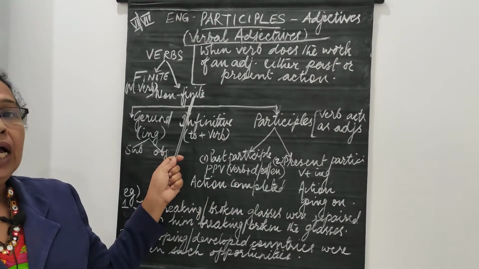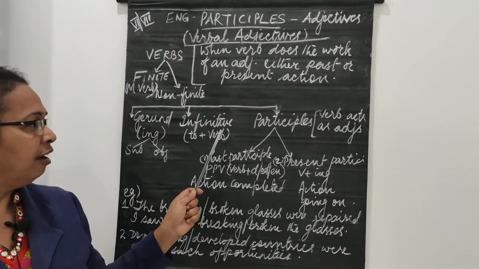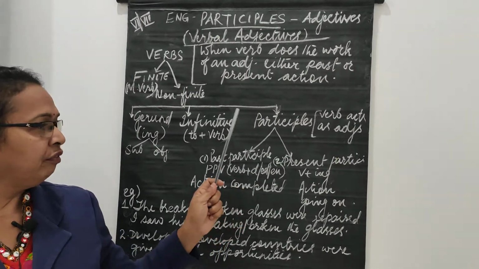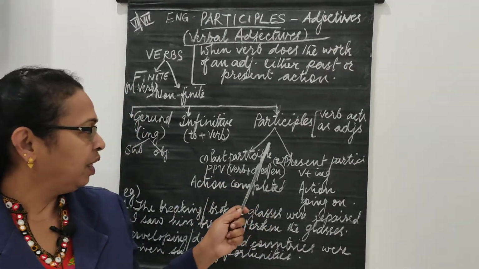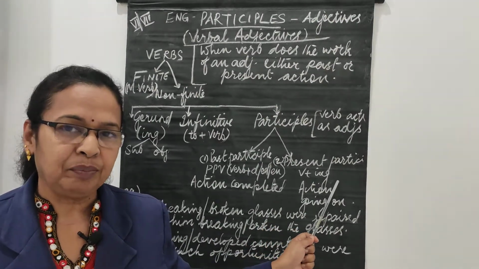I said non-finite verbs are divided into three: gerund, infinitives and participles. Participles are of two types, past participle and present participle.